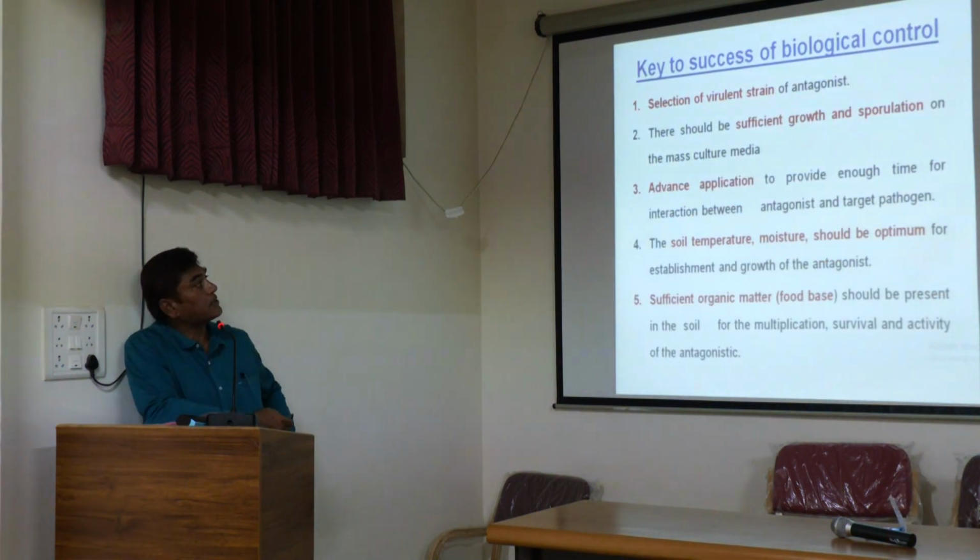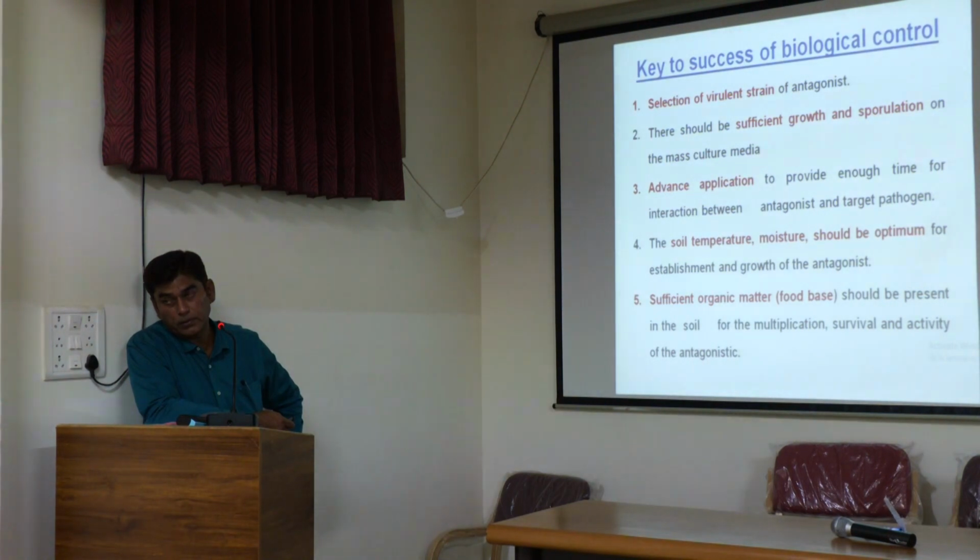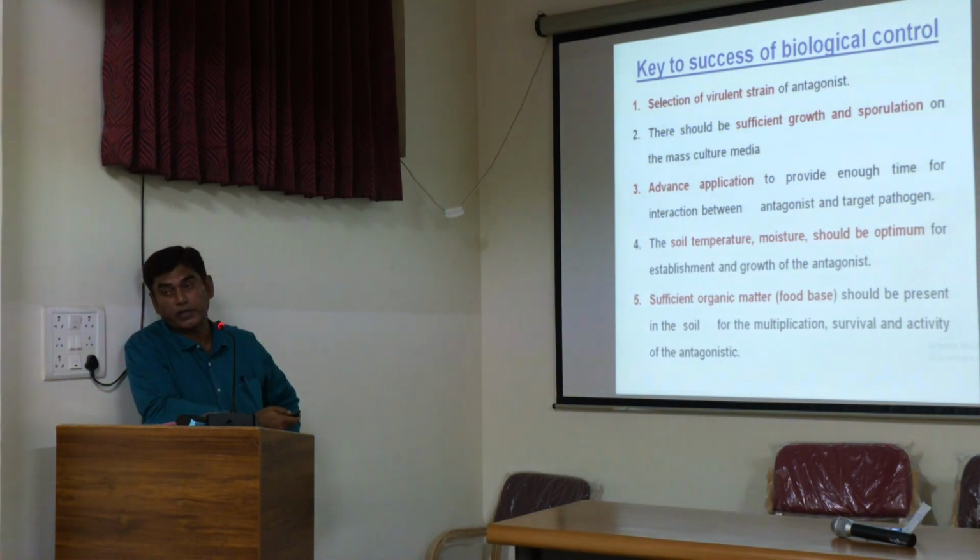What are the factors for success of biological control? Selection of a virulent strain is very important, because some farmers give feedback that biological control is not effective. This may be the reason. So the strain should be a local, effective strain.